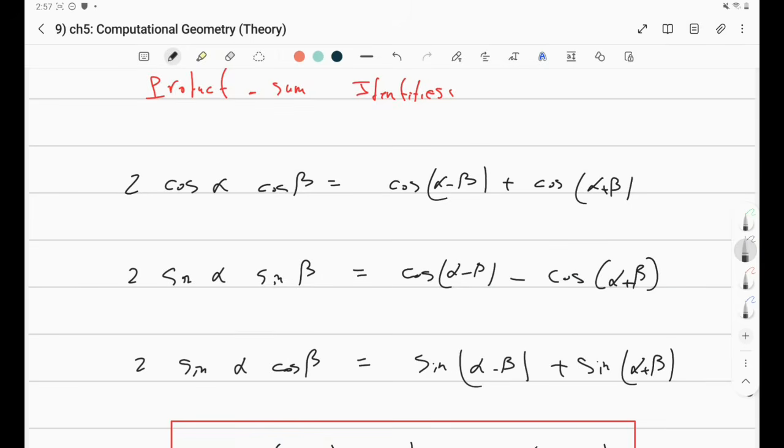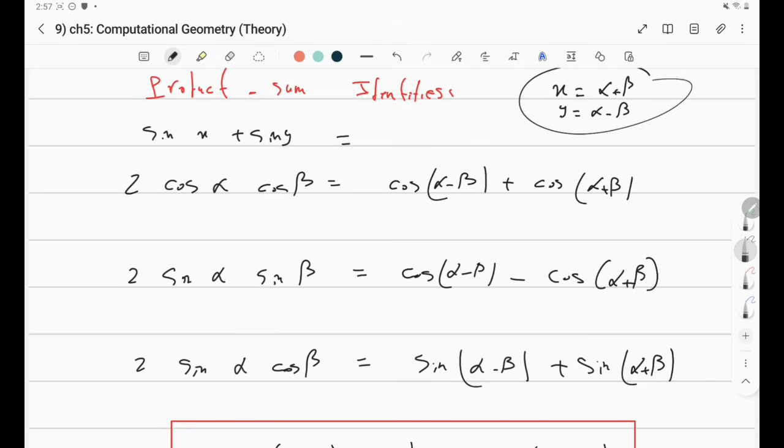Of course, you might ask, wait a minute, sometimes I might have this in my question: sine x plus sine y. How can I figure this out? Well, it's not a big deal. Remember, you know sine of x plus y and sine of x minus y. So just try to do this. Write x as alpha plus beta, and write y as alpha minus beta.